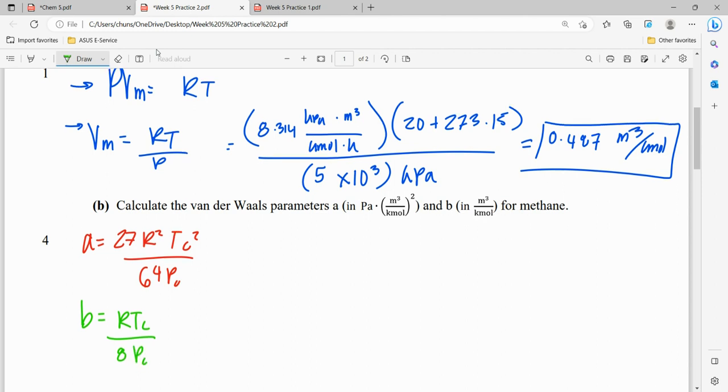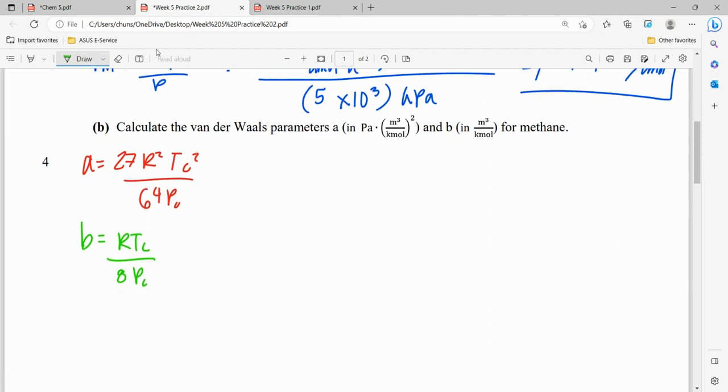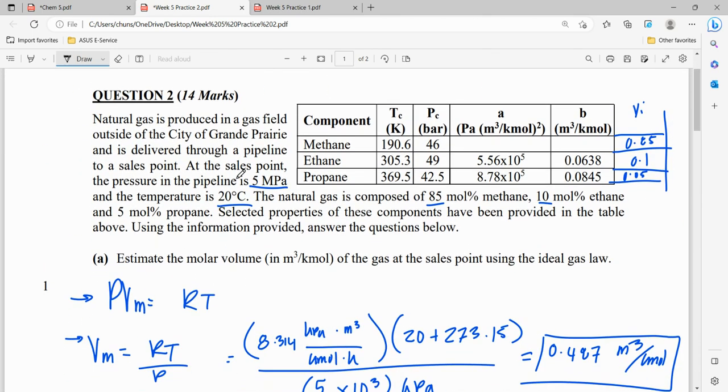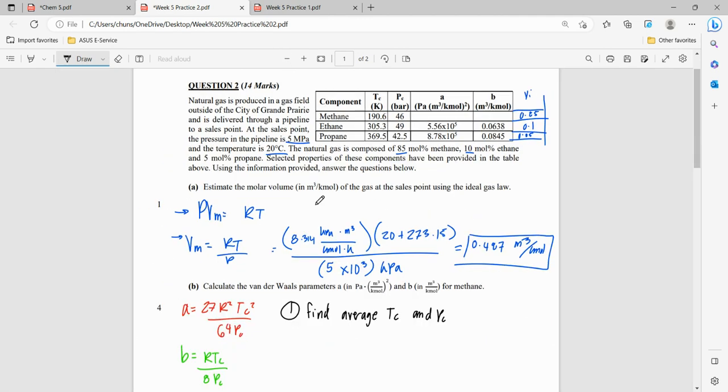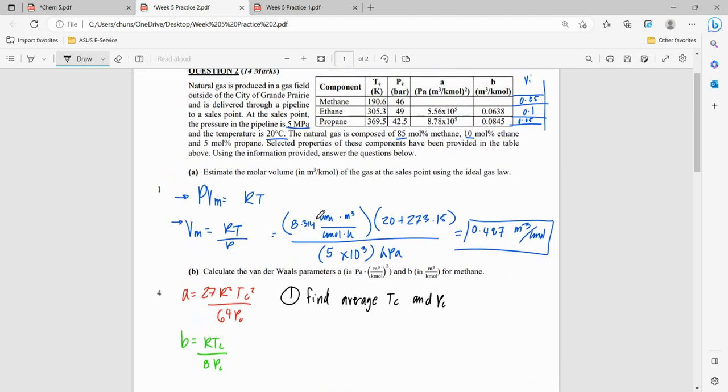So what do and what don't we have? We can find our critical pressure and temperature. So we're going to find our average TC and PC. And why do we need to do that? Well, that's because we are working with a mixture of gases that all have their own different compositions. We're given our compositions and we're given the temperature and pressure of each one's critical states. So you know what to do.